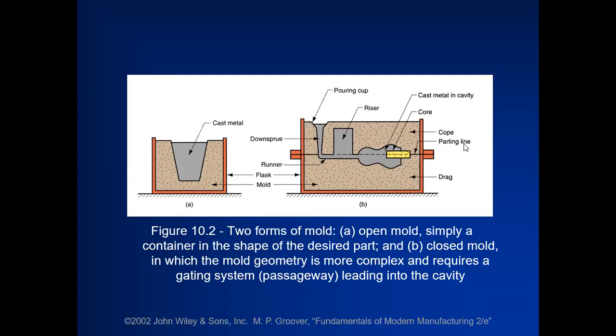In between the two there is a parting line. Metal is initially poured through the pouring cup. The purpose is again to maintain laminar flow. Then the metal comes down the sprue into the runner, and the runner guides and supplies the metal to the cavity. For a hollow shape, we place a core in the molten metal.